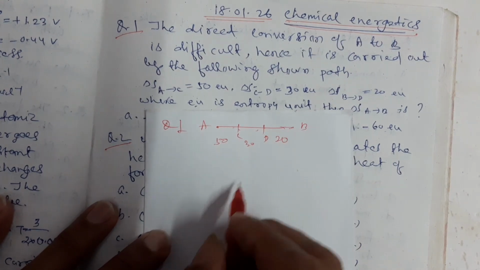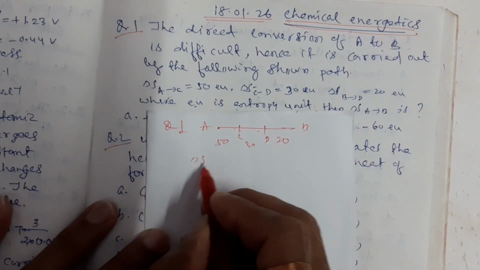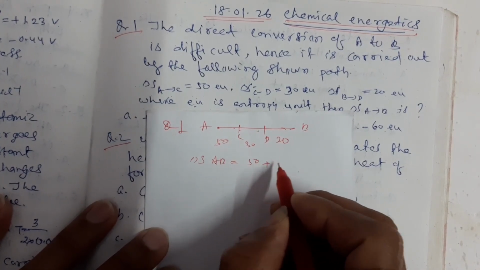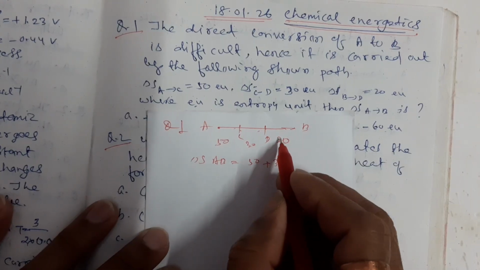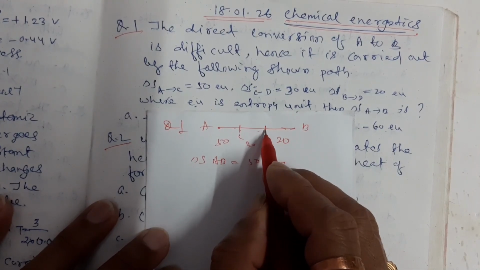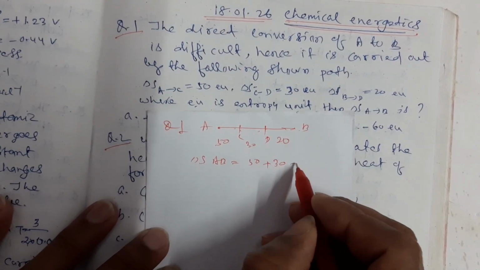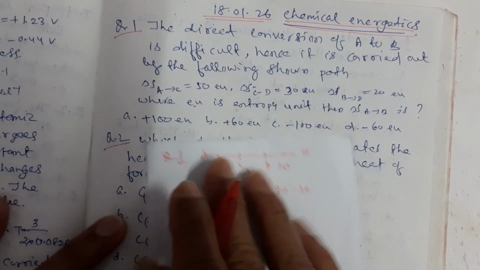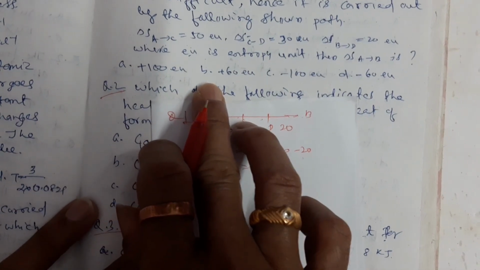So how can you find A to B? ΔS for A to B is 50 plus 30, and this will be minus 20 because it is B to D, not D to B. So you will get plus 60. So choice B is the correct answer.